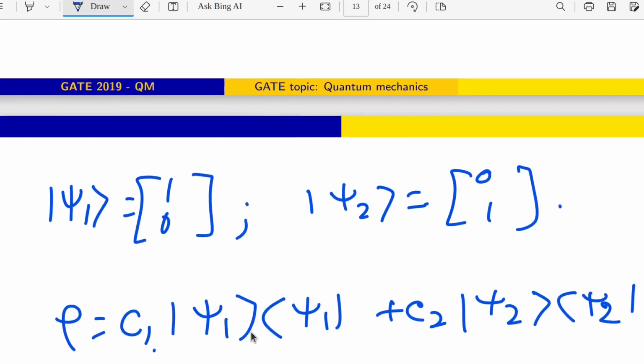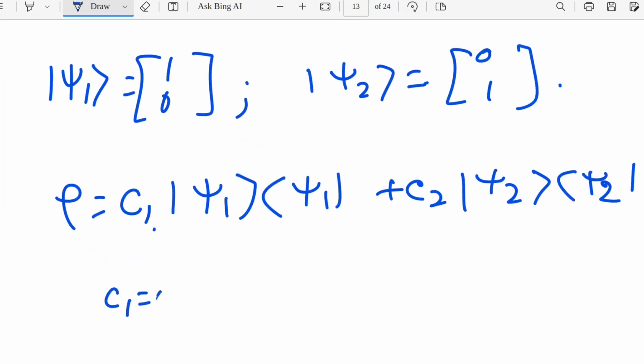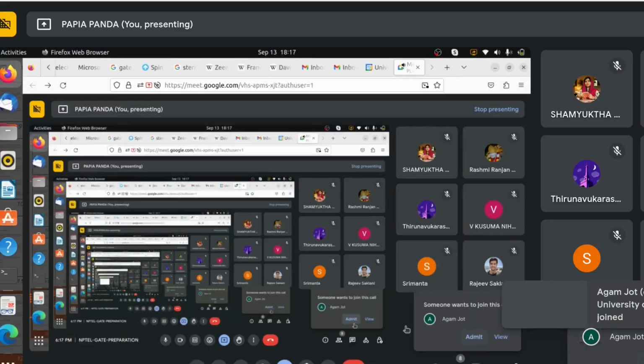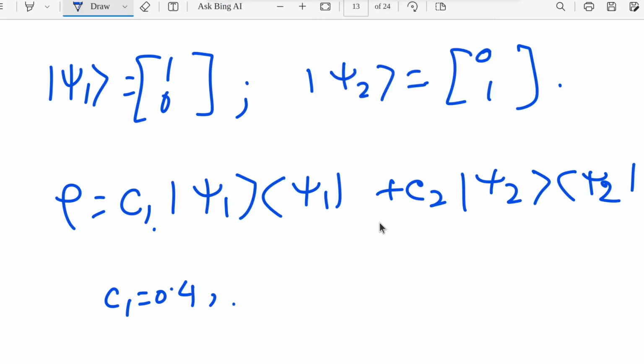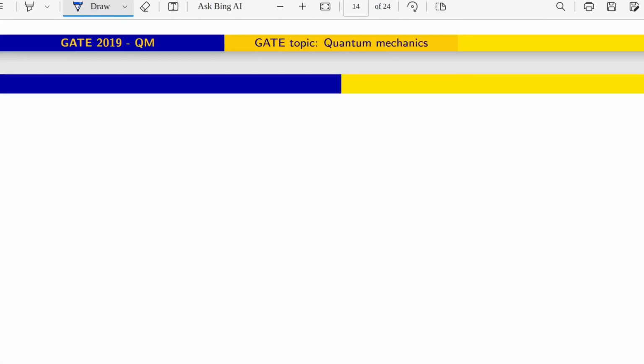So I am going to write right now: C1 is 0.4, C2 is 0.6.